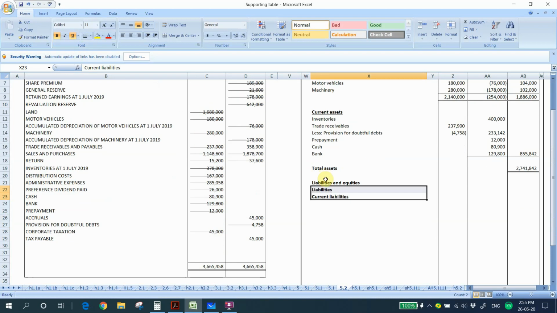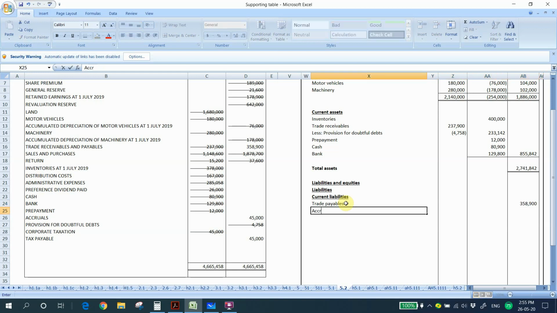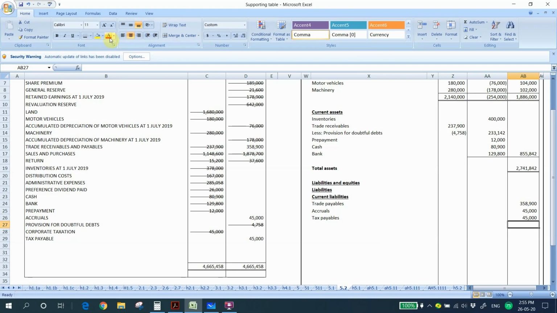The current liability we have is trade payables. The trade payables value is 358,900. And followed by accruals. Accrual is 45,000. And then tax payable, 45,000 as well. So our total current liability 448,900.